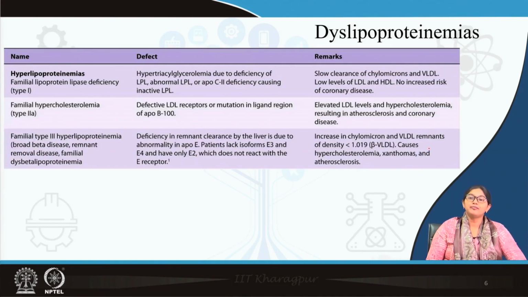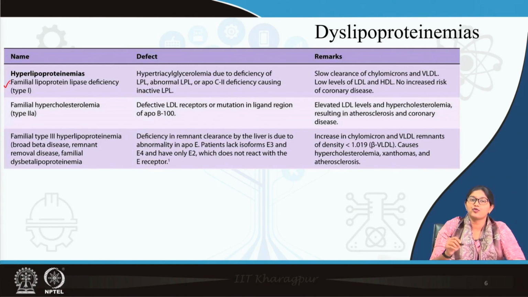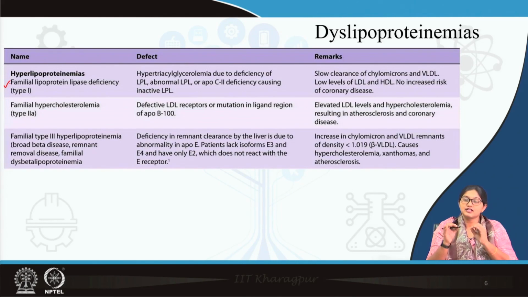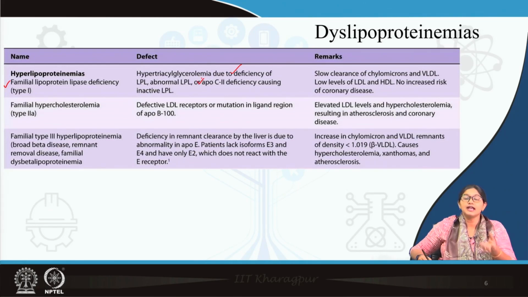Next, we are coming to hyperlipoproteinemia. Primary or familial hyperlipoproteinemias are of different types. Amongst them, type 1 is due to lipoprotein lipase deficiency. Type 1 is known as familial lipoprotein lipase deficiency, where the function of lipoprotein lipase is defective. This can be due to deficiency of lipoprotein lipase itself or of the factor activating it, that is ApoC2 deficiency, which also causes inefficient lipoprotein lipase function.